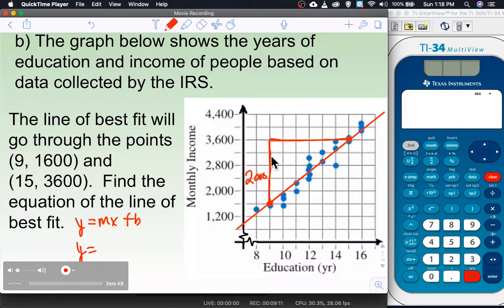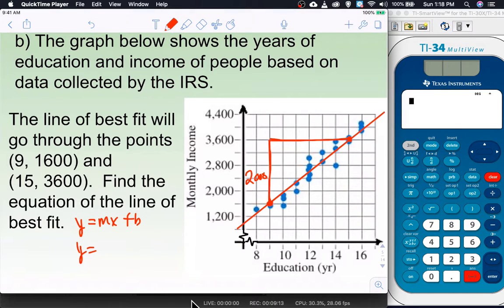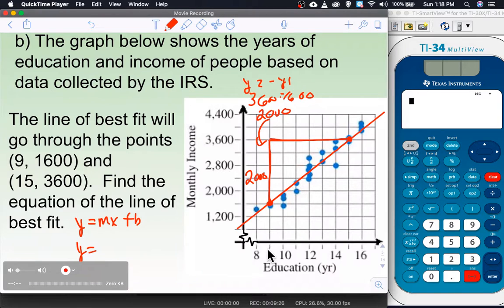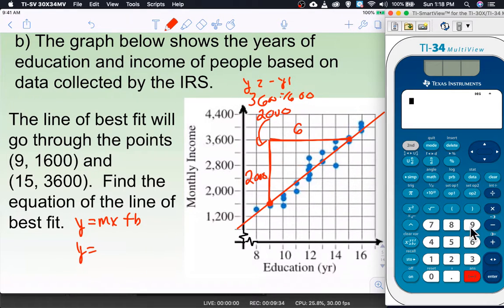By the way, what we're doing here is essentially the slope formula. We're taking y2 minus y1. 3600 minus 1600 is 2000. Going from 9 to 15, that is a change of 6 units. 15 minus 9 is 6.